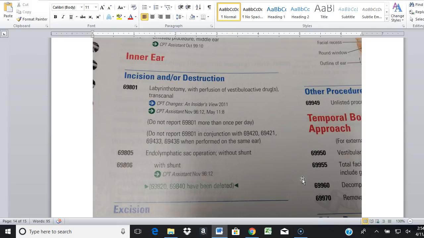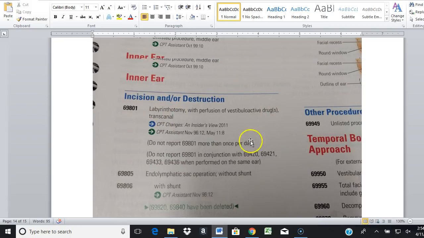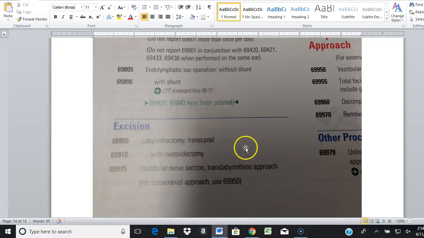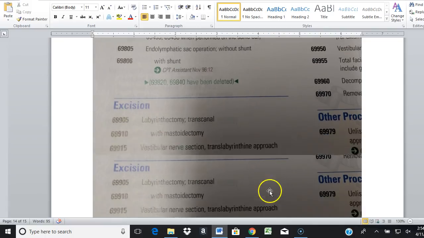And we're also going to be talking about the labyrinth of the ear itself. So we have things like the labyrinthotomy, and again, putting in things like vestibular active drugs. So again, making an incision into the labyrinth. We're also going to see labyrinthectomies, vestibular nerve sections, things like that. Okay.